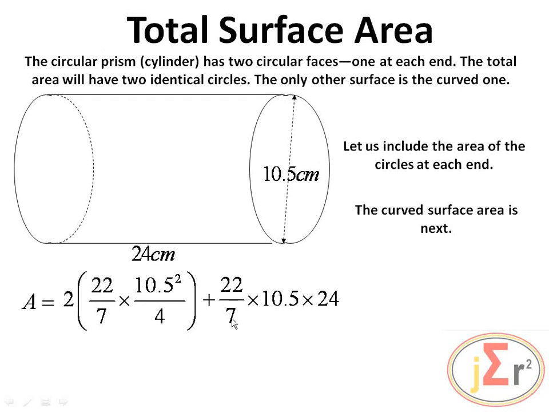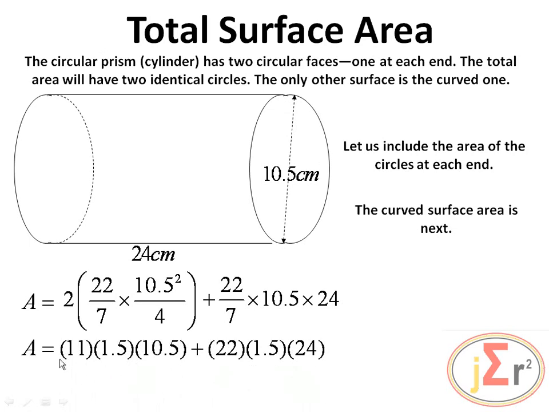So 22 over 7 times d times h. Okay, and when we simplify, this is our result: 965.25 centimeters squared.